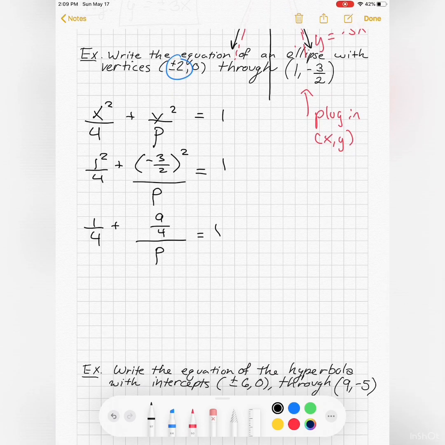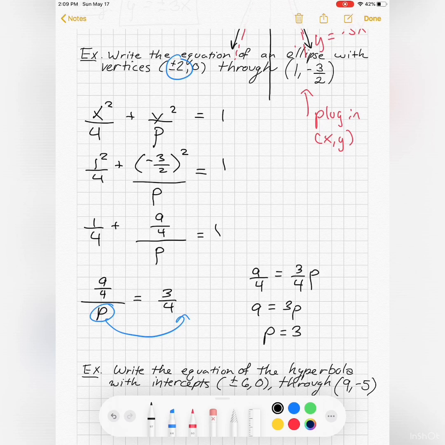From there I have a couple ideas. I don't know, let me subtract the 4th. That's going to be 3/4. And then let me multiply up the p. Multiply by 4. So p is 3. Look at that.